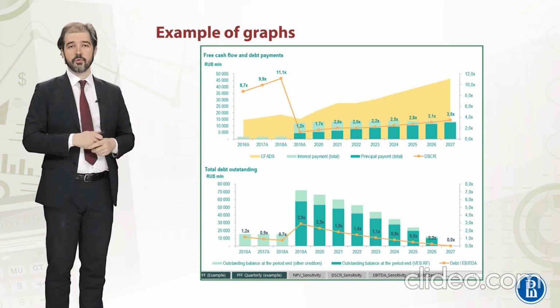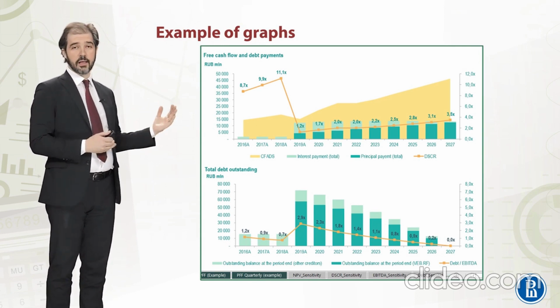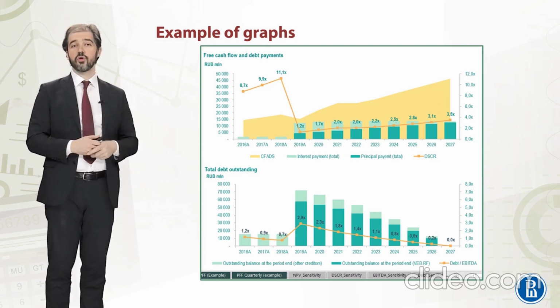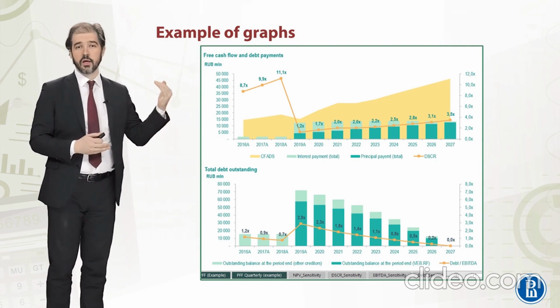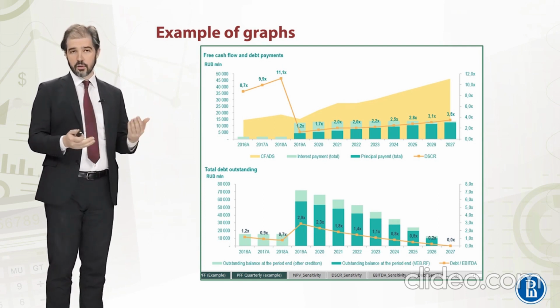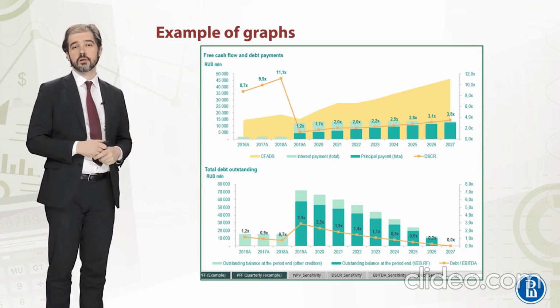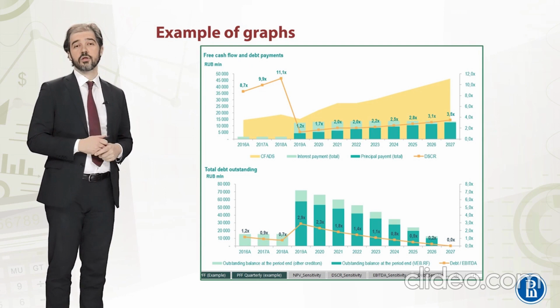At some point, you start to repay your debt. So you see clearly and easily on this graph that your cash flow is higher at any period than the total amount of your debt and interest payments to the bank, for example. So you are happy, you are comfortable that this is okay.